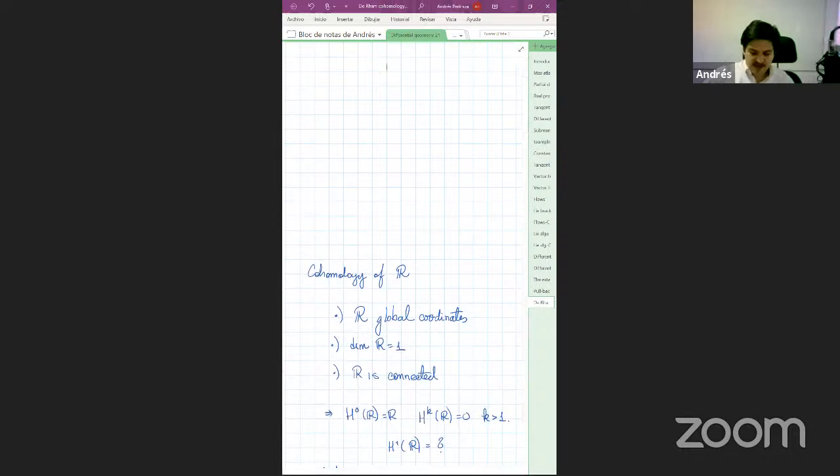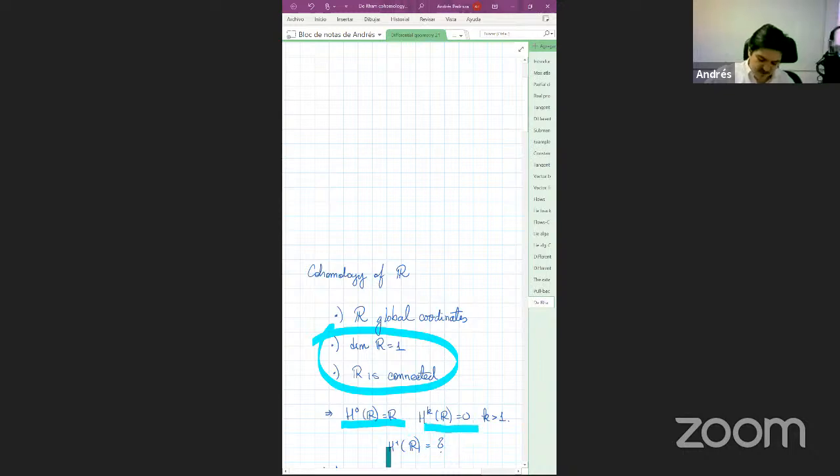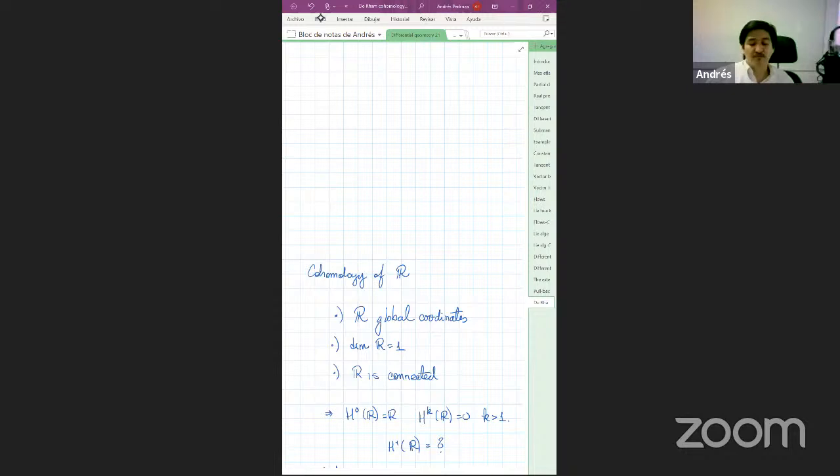So at least from these two, we have this, and we know that we are missing this one. So we only need to compute one group. All of the rest, we know them very well. And we will use this fact to compute this.